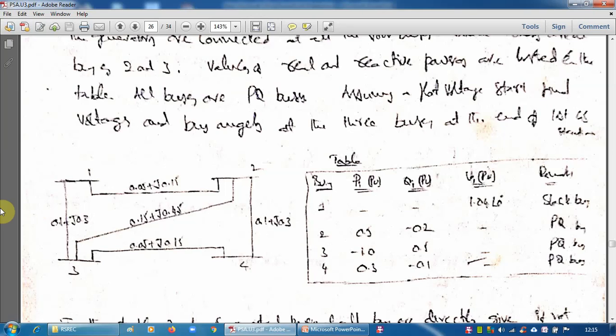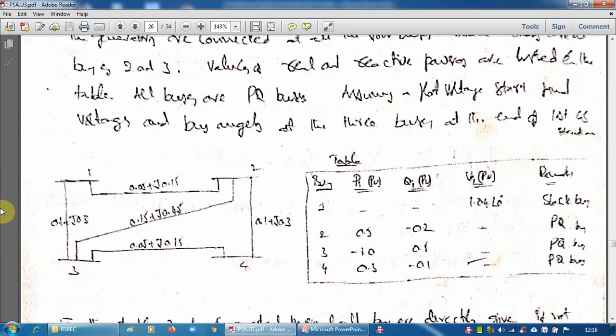This is based on the previous experience. This initial assumption is important. If you take a wrong assumption, the method will not converge. Convergence problem occurs. So while assuming the initial guess for voltages, proper care is to be taken, and the previous experience says it is recommended to assume all bus voltages as 1 plus j0.